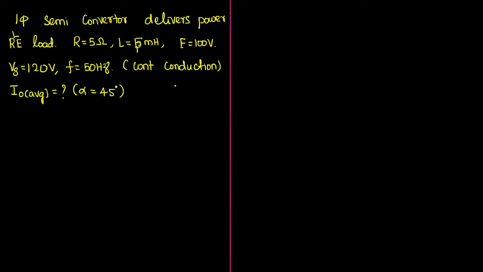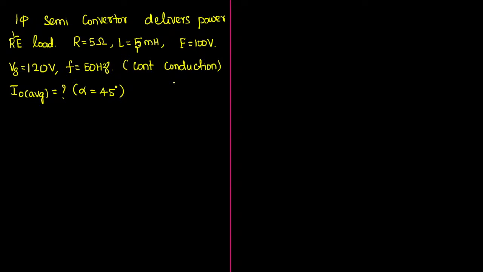Take your time, drop your answer. Don't take much time. I'm expecting your answer. Do it as fast as possible. You can take 2 minutes because it is a very easy question.